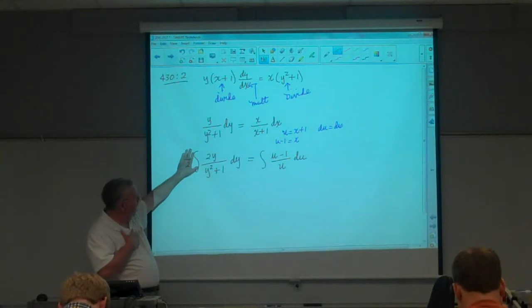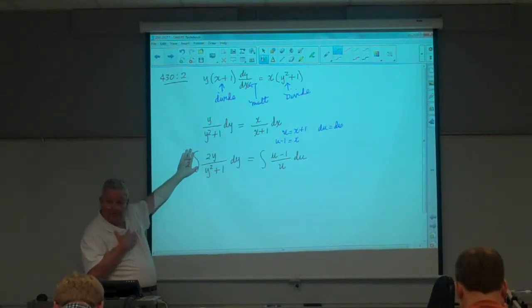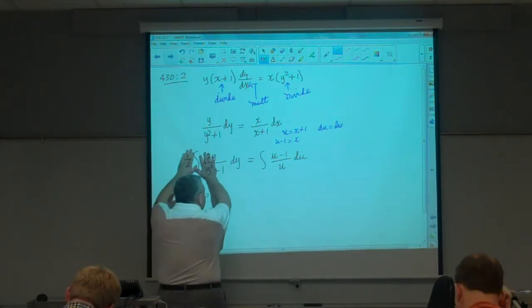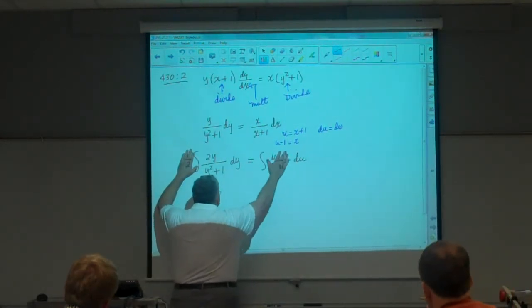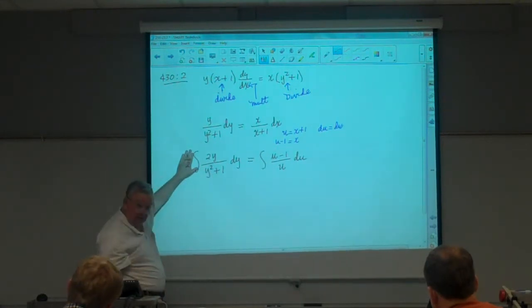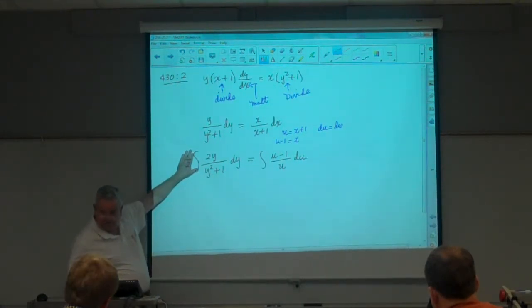So I said, I need a 2 right there. So I just reached up and grabbed that baby and put it there. But if I had left it at that, wouldn't this no longer be equal? Because I changed one side and not the other side?